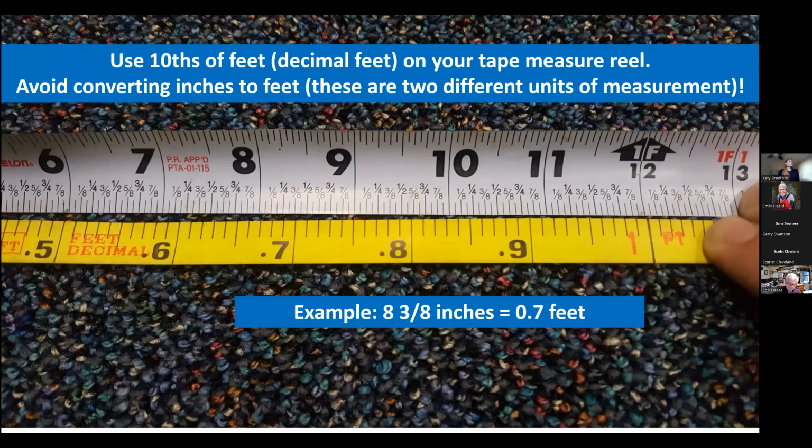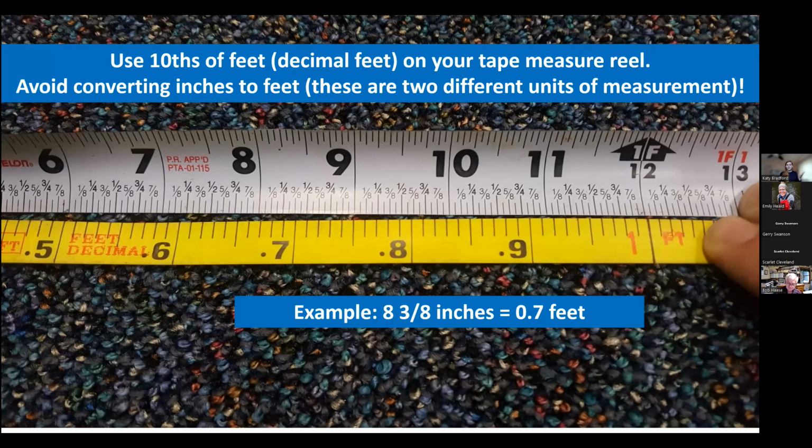And just as a reminder, you'll notice there were feet measurements, feet units throughout that equation. So when we are writing down our feet measurements, we're going to write them down in tenths of feet or decimal feet. So make sure you're using the side of your tape measure reel that has decimal feet on it. The reason we do this is because we want to avoid having to convert inches to feet.